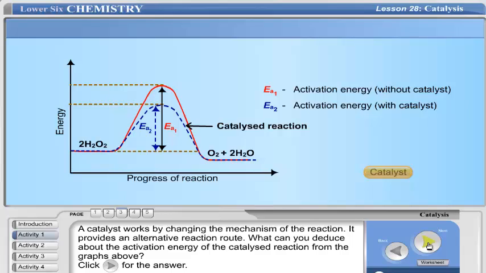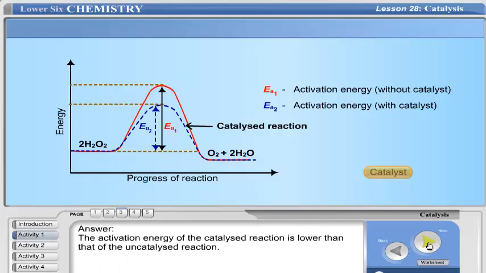It provides an alternative reaction route. What can you deduce about the activation energy of the catalyzed reaction from the graphs above? Click Next for the answer. Answer: the activation energy of the catalyzed reaction is lower than that of the uncatalyzed reaction.